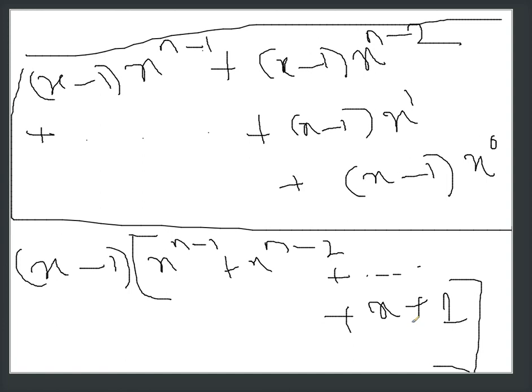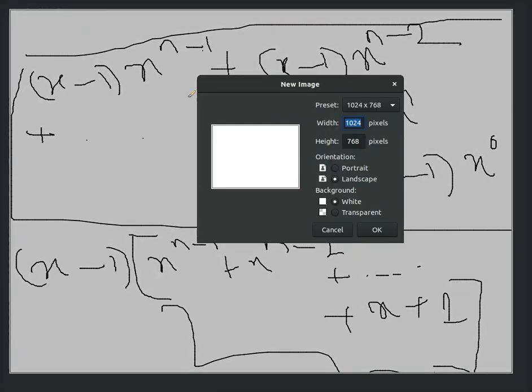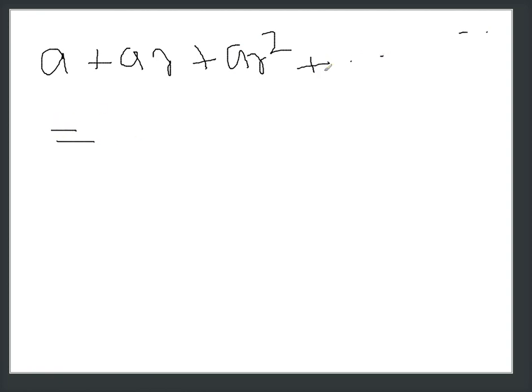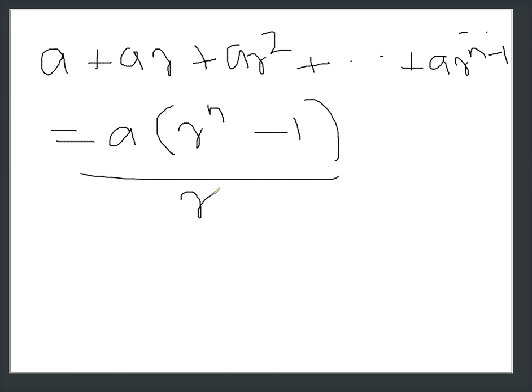Isn't it? So this particular thing is a series, and if you remember your old lessons from high school, it's a plus a r plus a r square, the sum of a geometric progression, up to a r raised to n minus 1. It's a into r raised to n minus 1 by r minus 1.